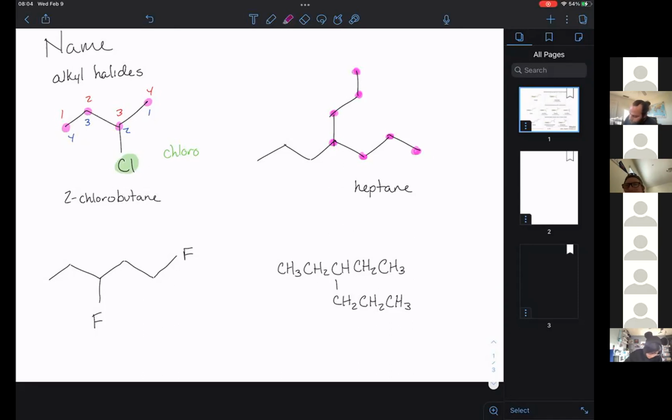I'm going to identify my substituent, which has 1, 2, 3 carbons. So in the chat, what would a 3-carbon substituent be called?